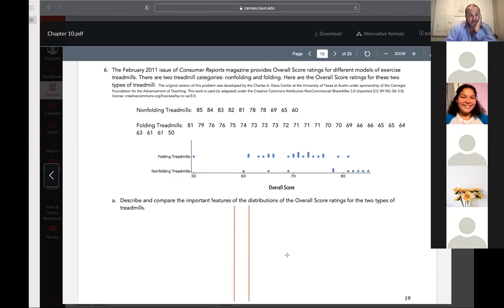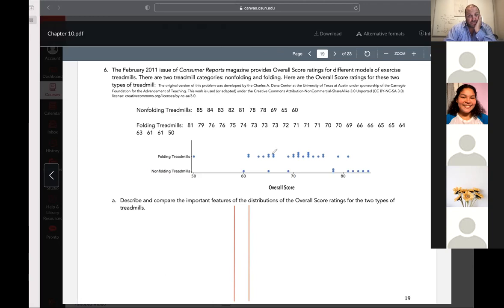Separate them? Well, I could, certainly. There's not really a lot of non-folding treadmills, but there's certainly more of these, and there's lots of 7s and lots of 6s. So, okay, let's separate them.